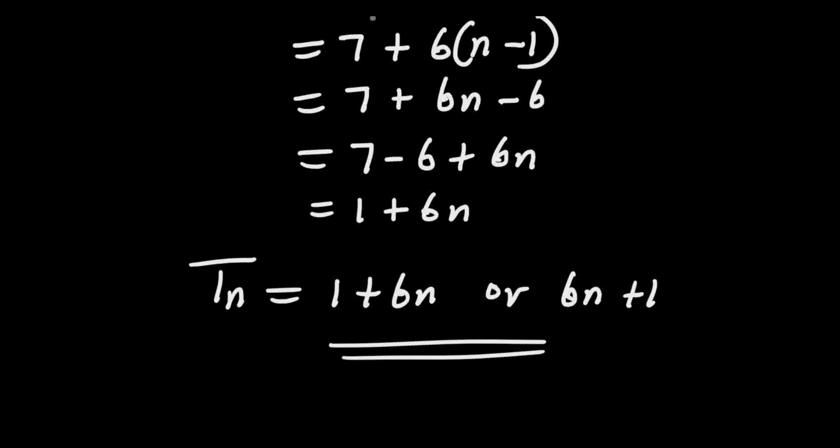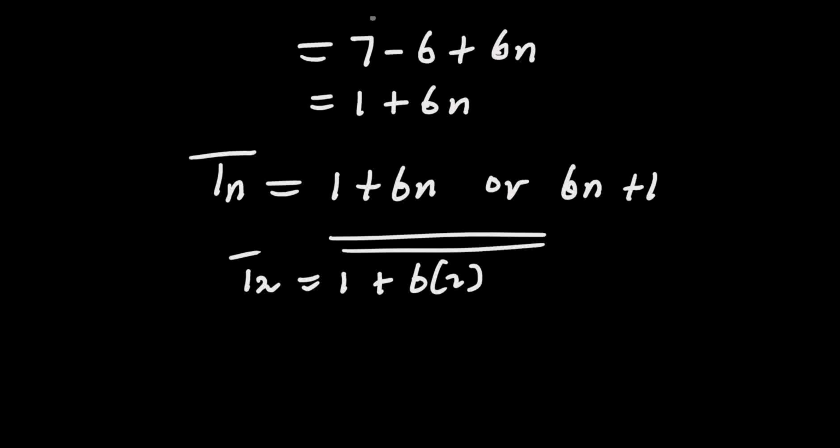And if you want to check if the formula is okay, then take, for example, the second term. n would be 2 for the second term. Just plug in the value. T2 is equal to 1 plus 6 times 2, and 6 times 2 is 12, so that will be equal to 13.